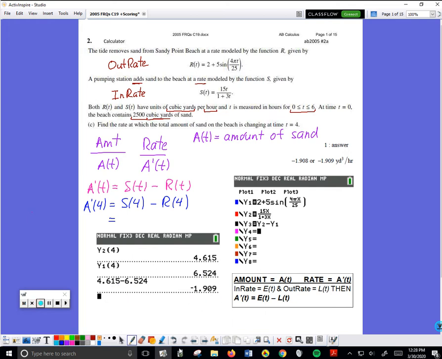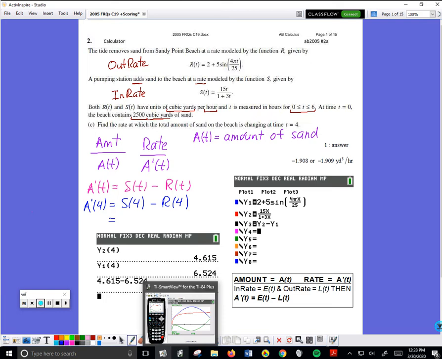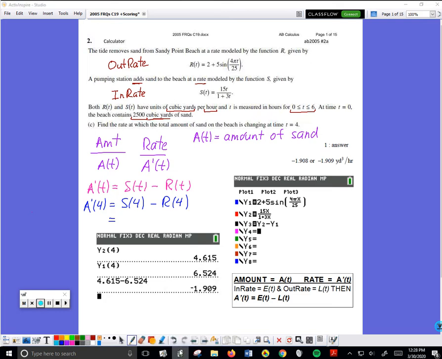I'll show how to do that quick. Hold on a second.